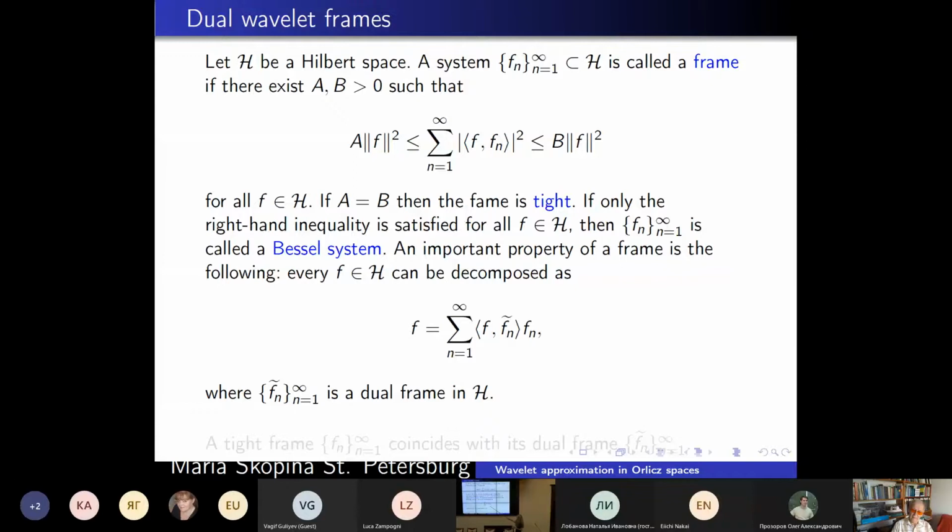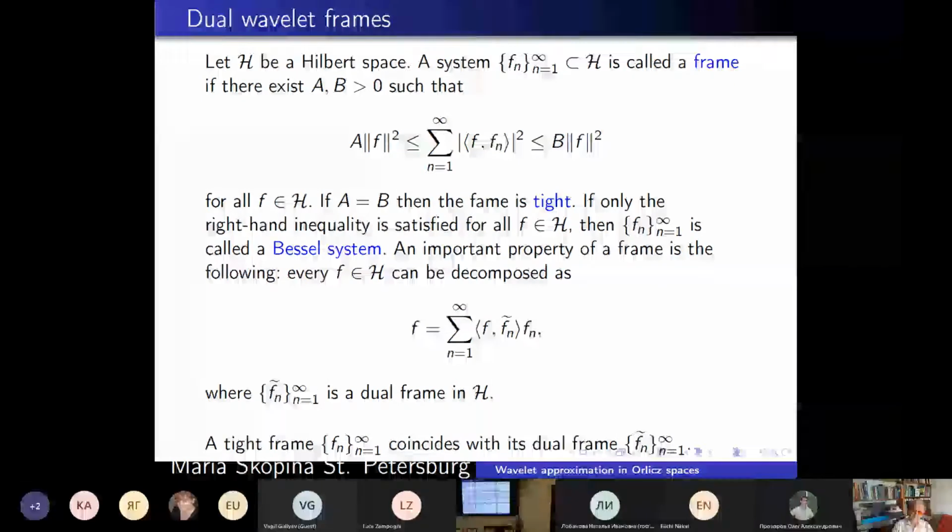But frames are redundant systems. In the case of a tight frame, the dual frame coincides with the original frame.